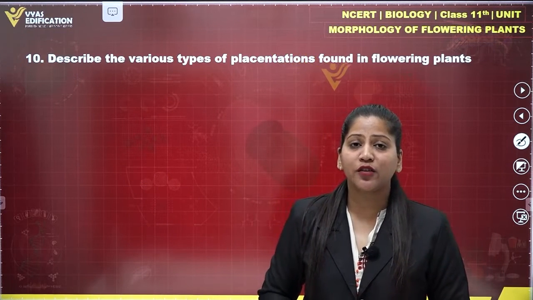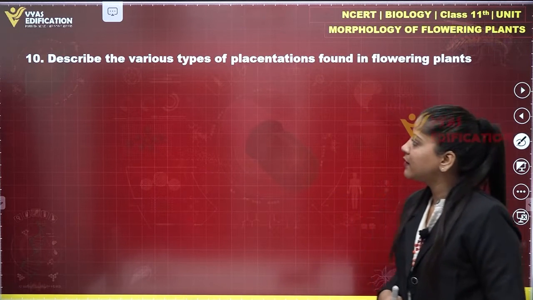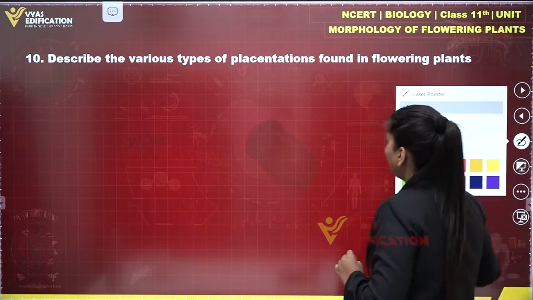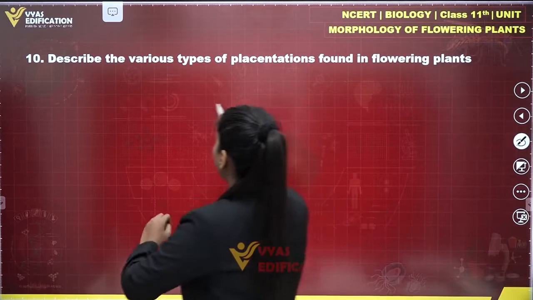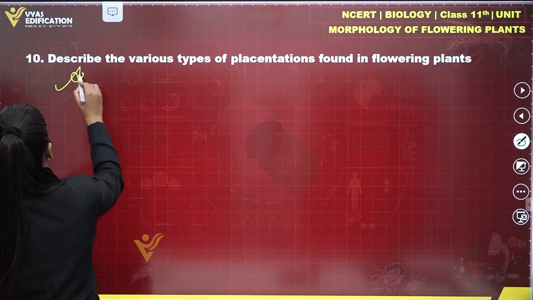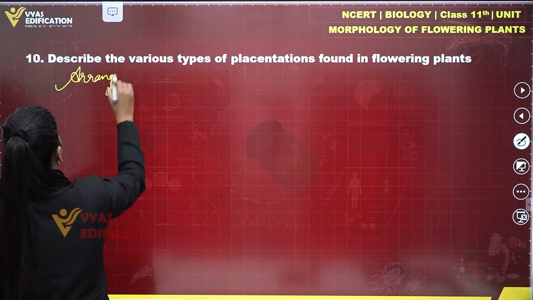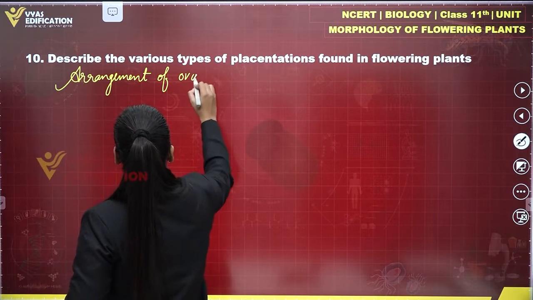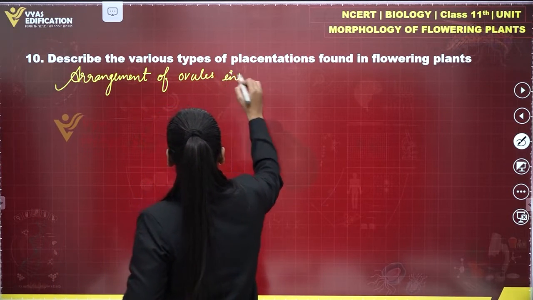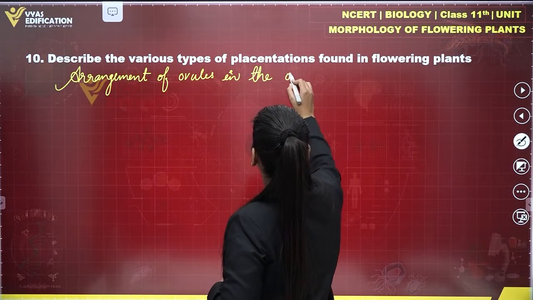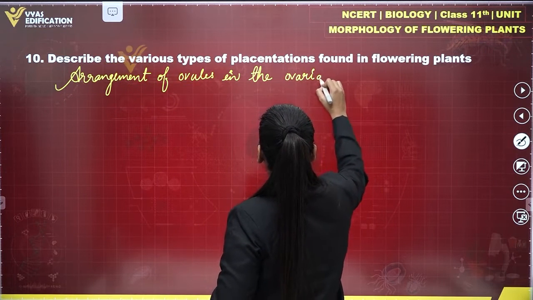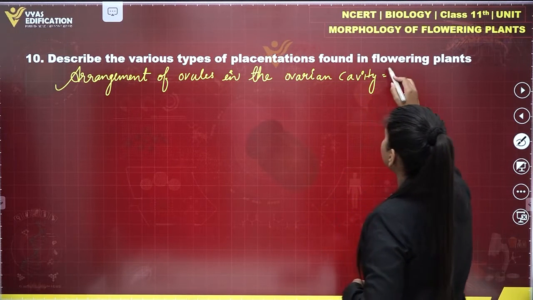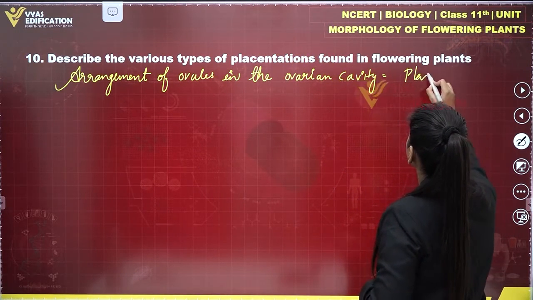Now let's talk about the next question, that is question number 10. Describe the various types of placentation found in flowering plants. Now, what is placentation? First of all, we know that the arrangement of ovules in the ovarian cavity is termed as placentation.